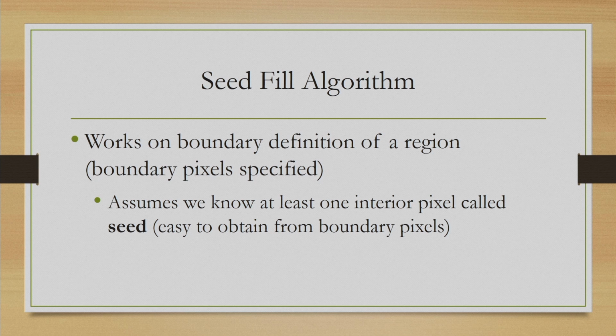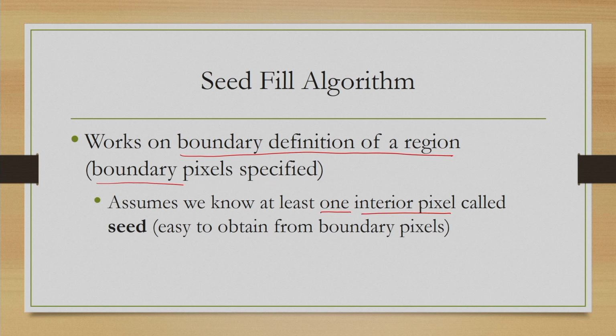Clearly, here we are assuming a pixel level definition, particularly a boundary definition of a region, where the boundary pixels are specified. And we also assume that we know at least one interior pixel.